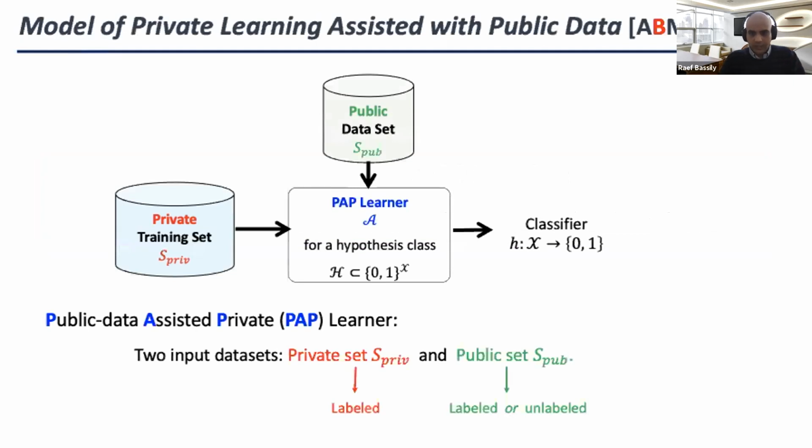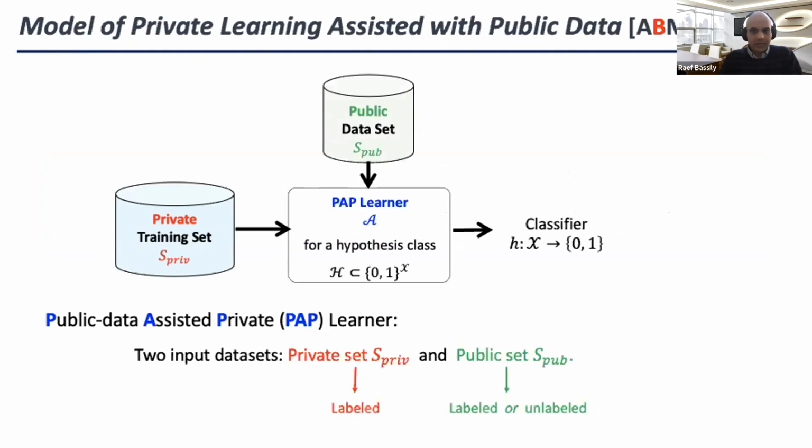In a recent work, we formalized this model in the context of supervised learning. In this model, the learning algorithm, which we call here a public data assisted private learner, or PAP learner for short, takes as input two data sets. One is private and is often labeled, and the other is public and can be either labeled or unlabeled.